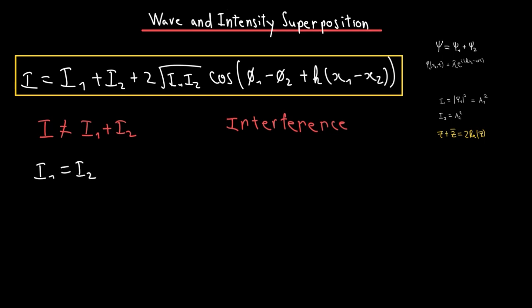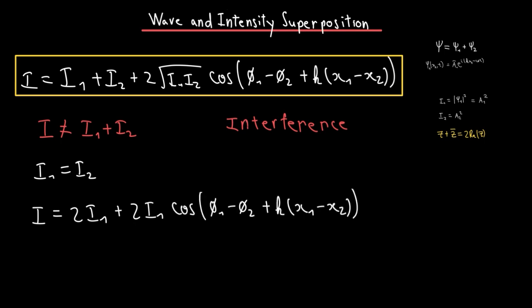well, then we get that I is equal to twice I1 plus 2 times I1 times I1, which is I1 squared, so twice I1 times the cosine. And let's say that this argument is such that cosine becomes -1, so it has its minimum value. Well, we get I is equal to twice I1 minus 2I1, which is 0.